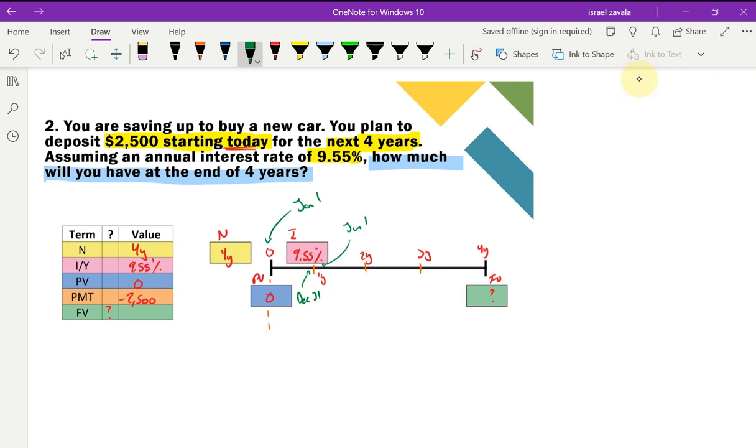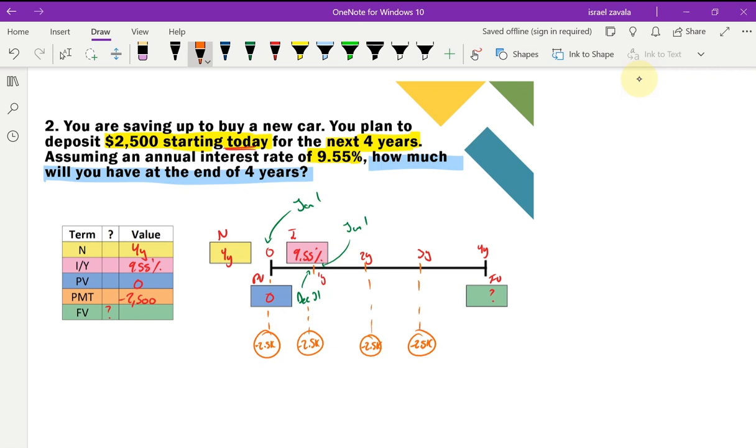And then that's how it keeps going, right? So these payments are made on January 1st of each year, and they're going to be 2.5 thousand, right? Each one of them. We're making 4 payments. It's 2.5 thousand, minus 2.5 thousand, minus 2.5 thousand.